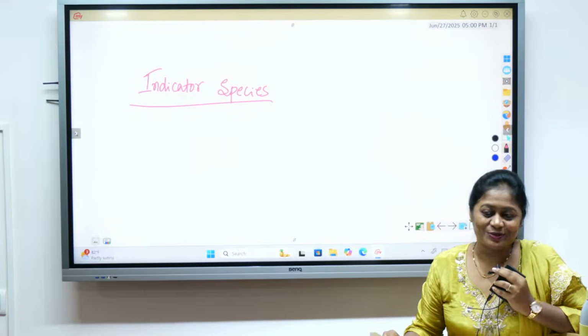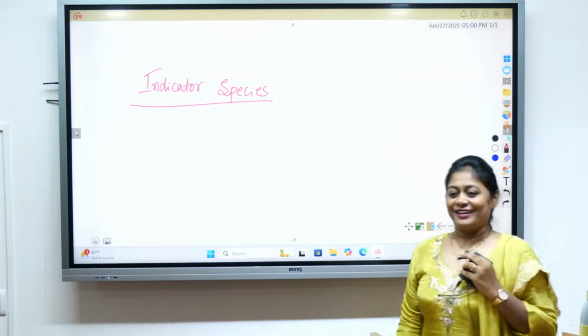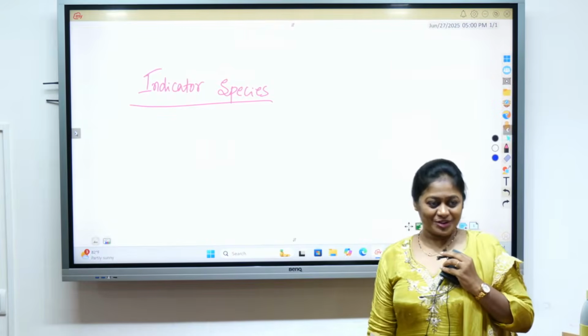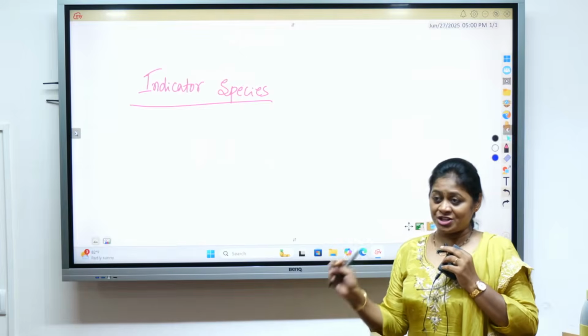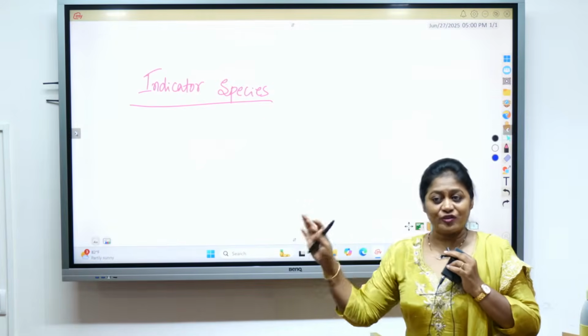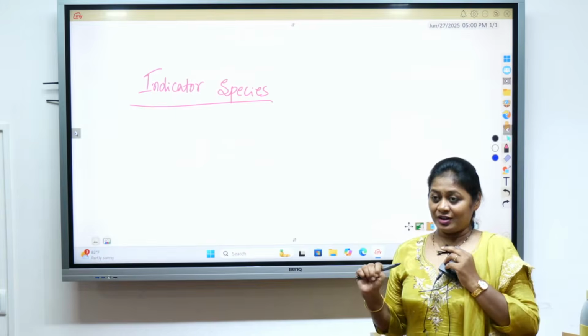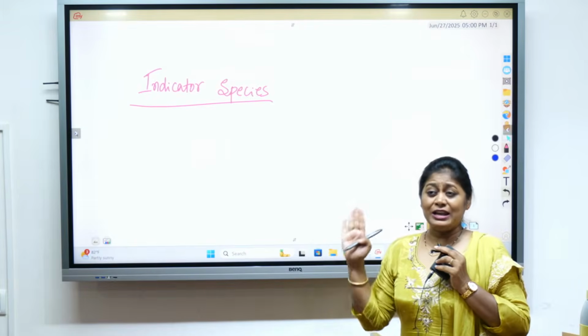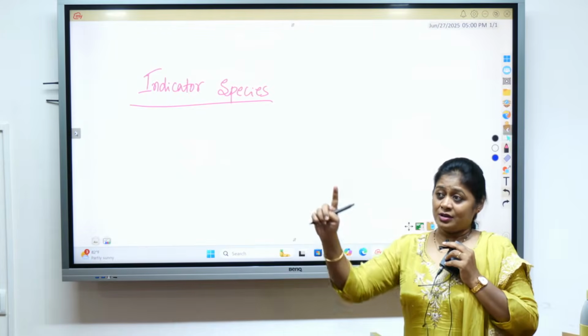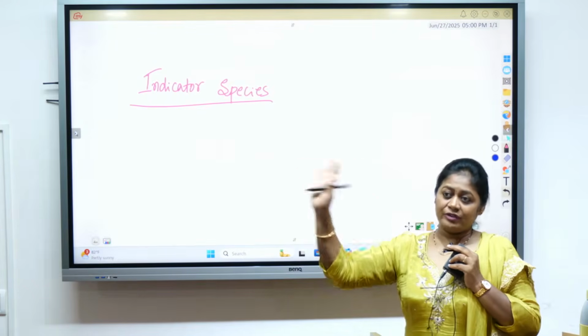Indicator species. What do they indicate? Climate change, pollution. They speak about the changes occurring in the environment. Again, their presence or absence speaks about that. They indicate the healthiness of the environment.